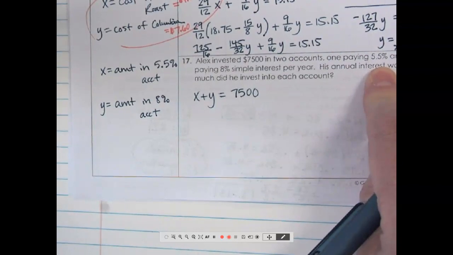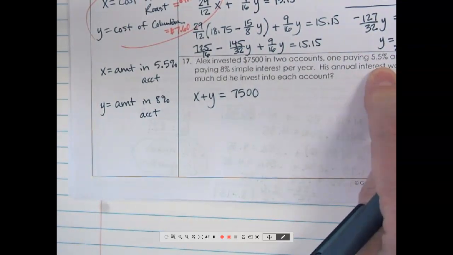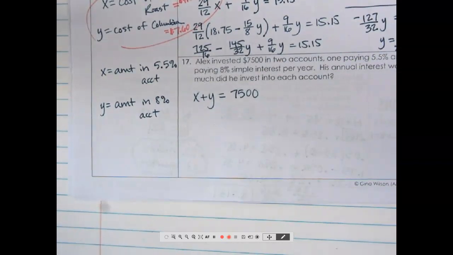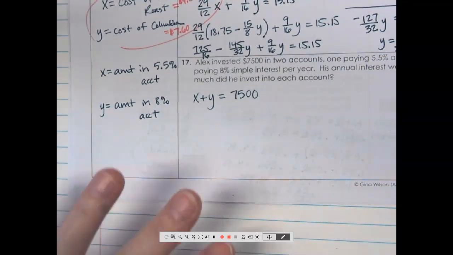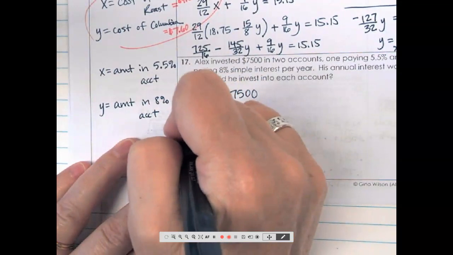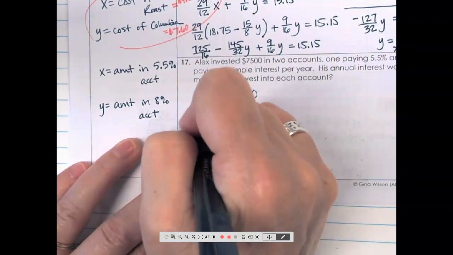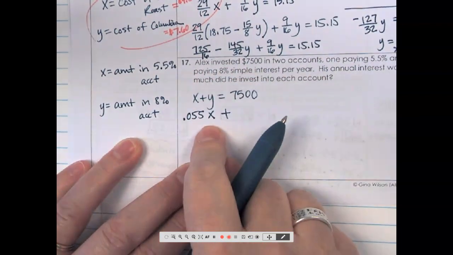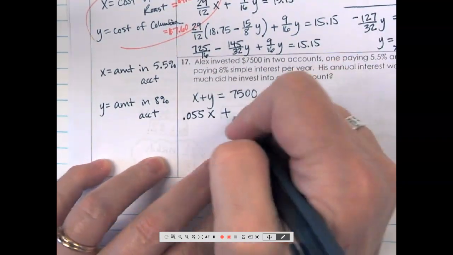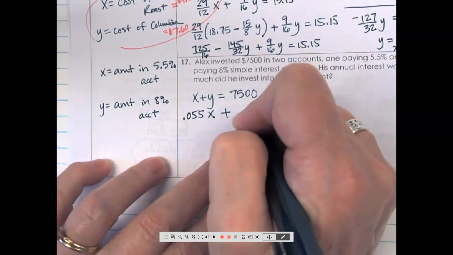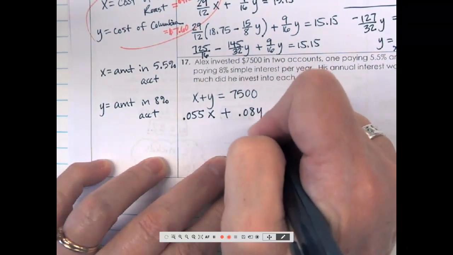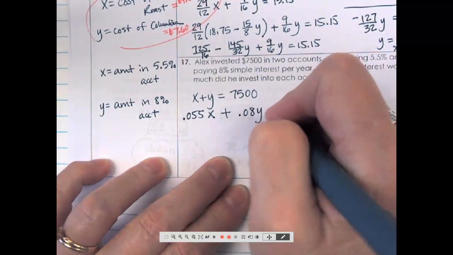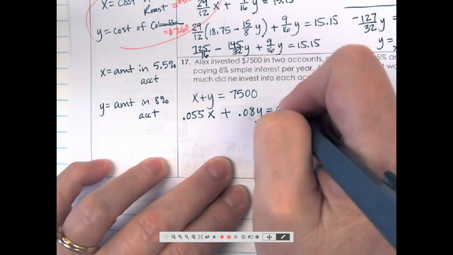What is 5.5% as a decimal? 0.055. You move the decimal 2 places to the left. So I have 0.055 times however much I deposited in that account, plus 8%, which is 0.08, times however much I put into that account, will equal my interest, which was $540.